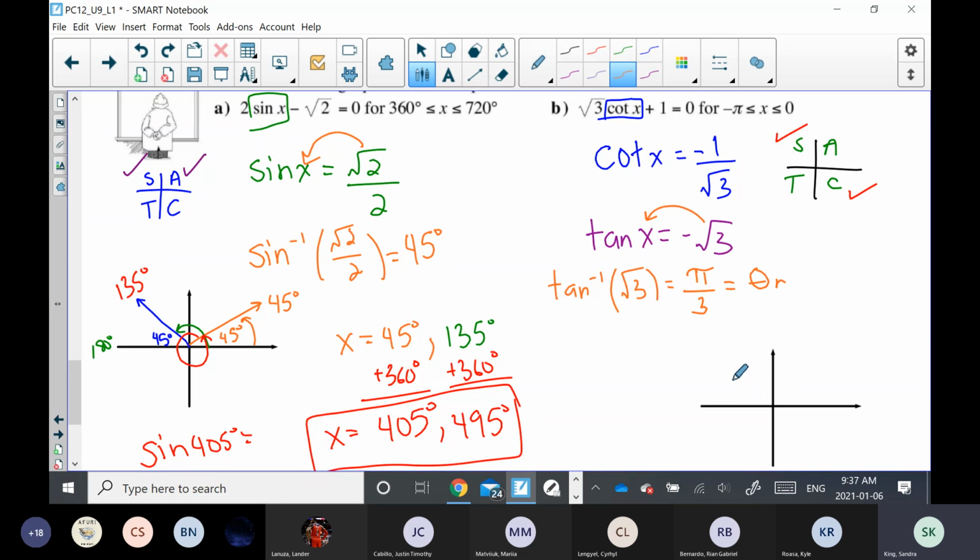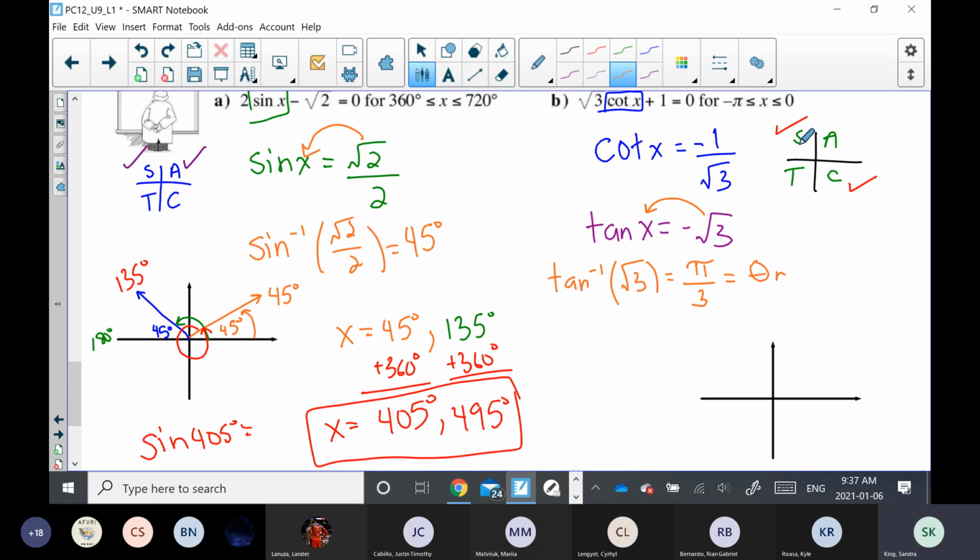Okay, so normally what we would do is we would do this. Normally we would say we have one solution up here, right? So normally I would say I've got one solution in this quadrant, and I would put the reference angle of pi over 3 here. And I would be figuring out what that angle in standard position is.